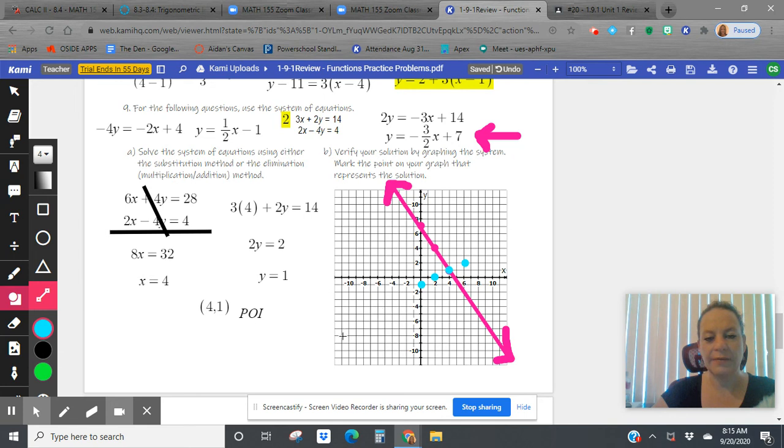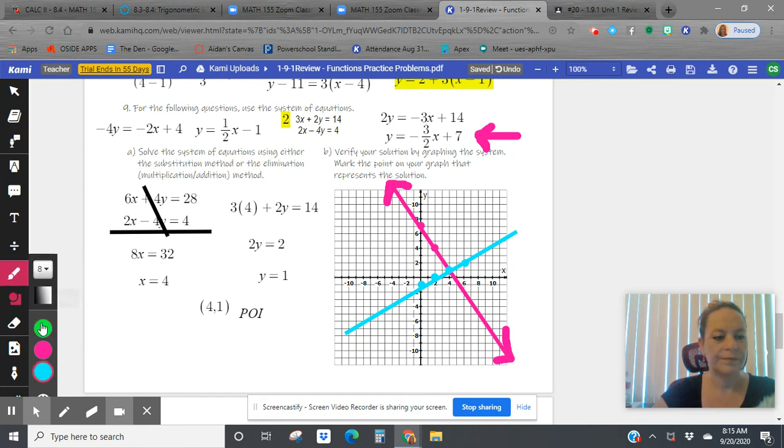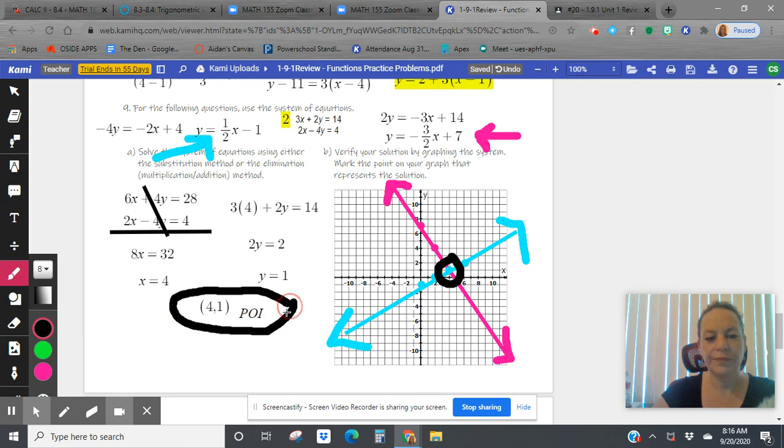Connect that line. And there it is, my point of intersection. 4, 1 is the point of intersection. We graphed it to verify our results that we got by the algebra.